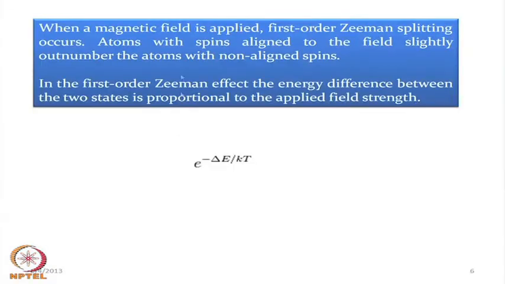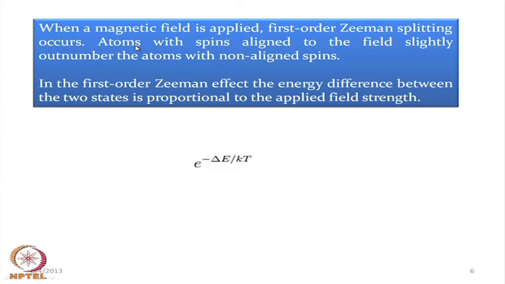So, when a magnetic field is applied to a compound or a free ion, a first order Zeeman splitting occurs. So, we can have different orbitals or different magnetic levels, and all these magnetic levels can have different energy values depending upon the alignment of the electrons.